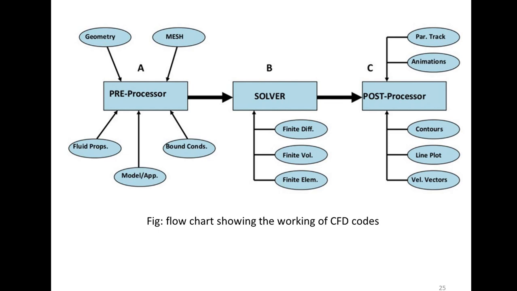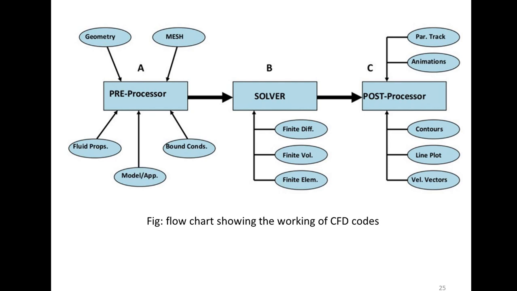Both Fluent and CFX come under the category of ANSYS. CFX was sold by the CFX company to ANSYS, and these softwares are pretty simple and similar, but the only difference is the way they solve the problems.